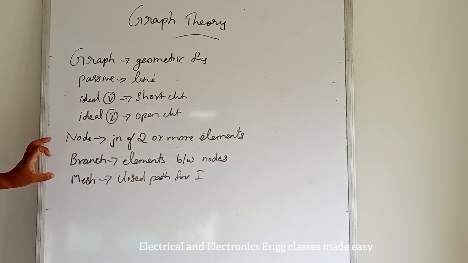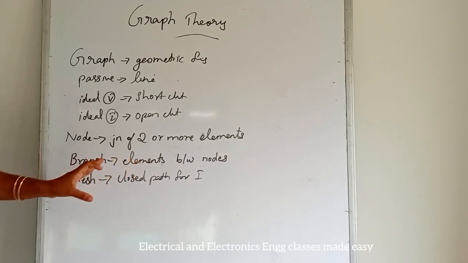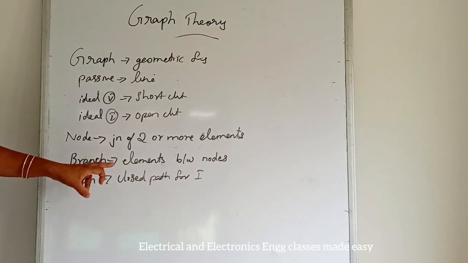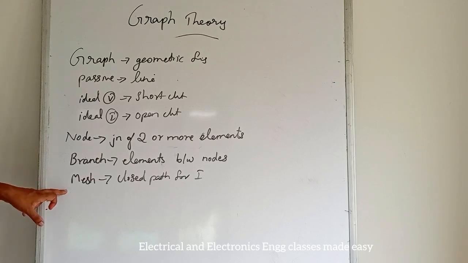The elements, which may be active or passive, connected between nodes is called branch. Then what is mesh? The closed path for the current to flow is called mesh.